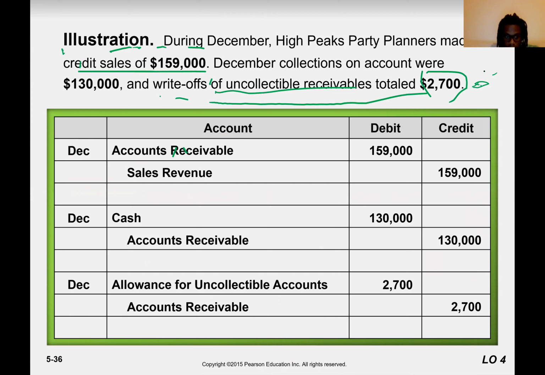Understand? So these two entries are obvious, we already talked about this. This entry is new because we need to write off. Writing off is always against allowance. So this is expense, yes, but we will charge this expense to allowance because smart management already established this reserve in advance for uncollectible, right?